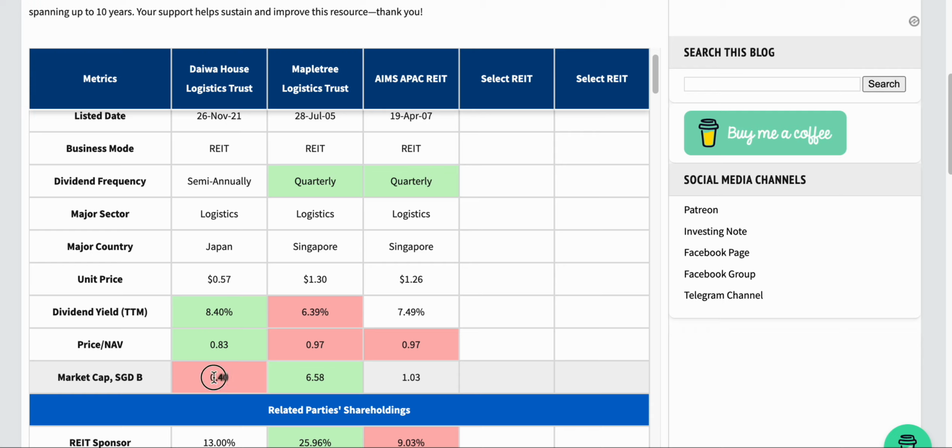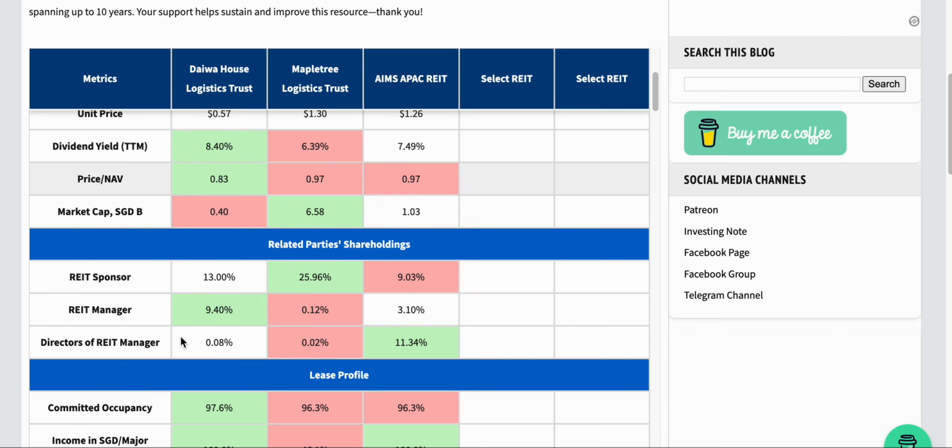Maybe that's why it is priced this way. Sometimes with the smaller REITs, there's always a worry that they are more vulnerable, right? AIMS is about $1 billion lah. So AIMS is the middle, and you can see their dividend also sort of reflects that. Looks like this is the safest REIT, followed by AIMS, then Daiwa Logistics House, right?